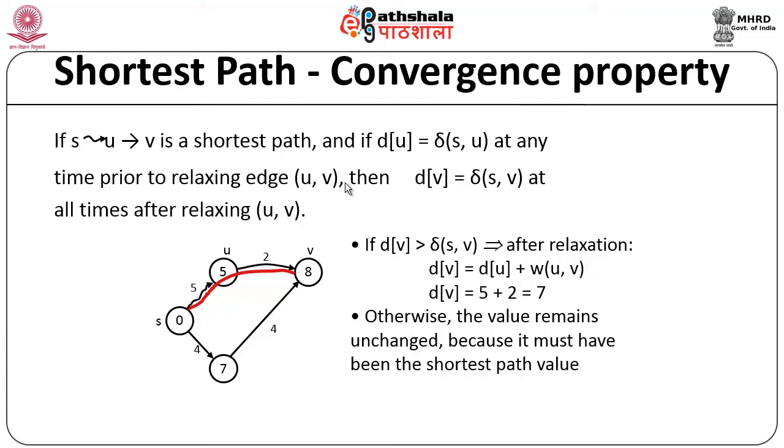So, in this particular case dV will become 5 plus 2. Initially the V value was 8, you can see that at the node V the value is 8, that is dV is 8. After adding u, you will get 5 plus 2 which is 7, otherwise the value remains unchanged because it must have been on the shortest path value already.